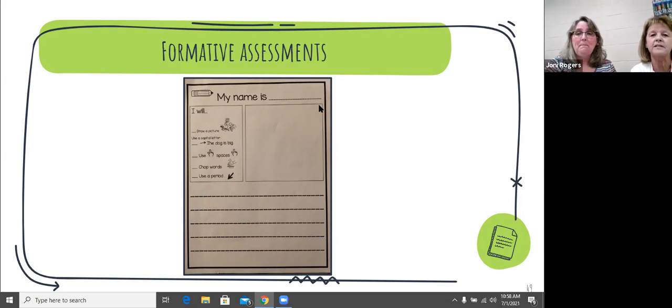Yeah. And this formative assessment here on the writing is so interchangeable for any narrative, informational, or whatever kind of writing. And it gives the kids their own little checklist right there. Each time they write, they check off what they remember to use in their writing.